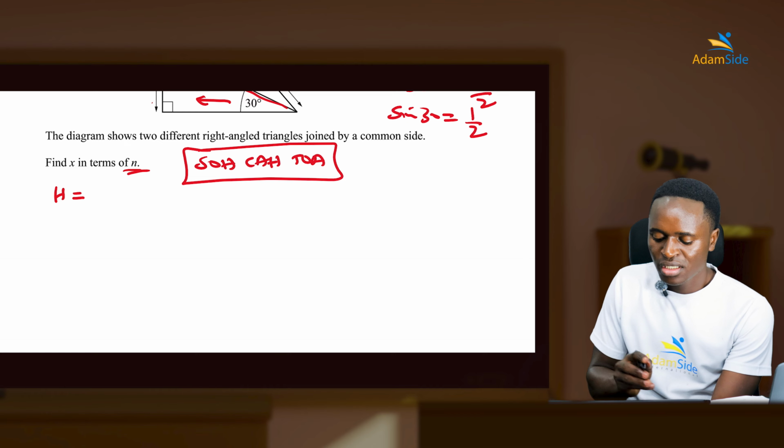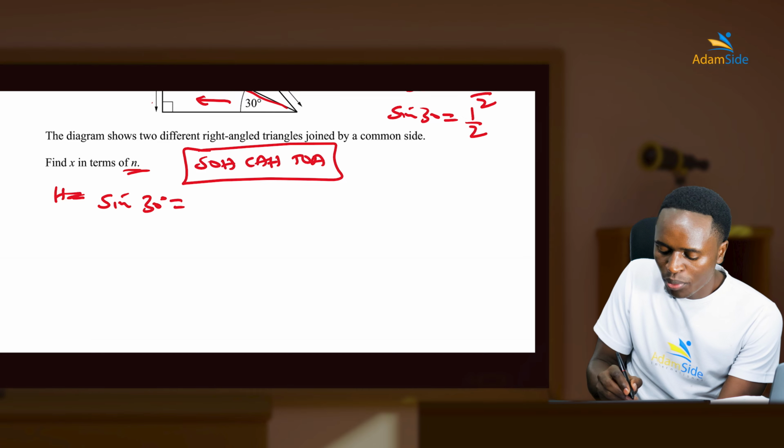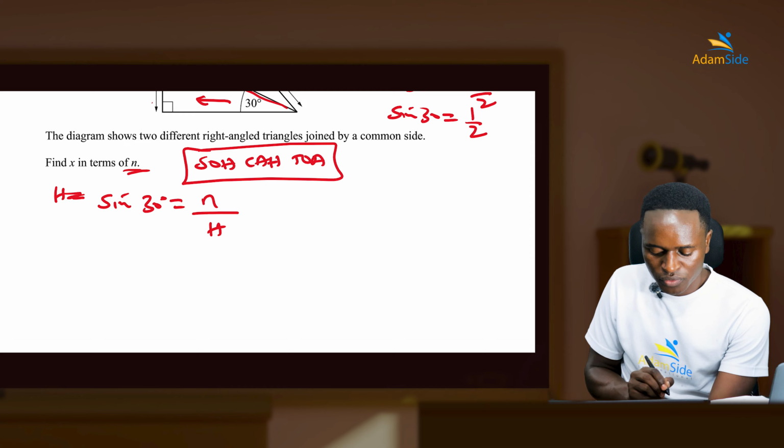So opposite and hypotenuse, we're going to use sine. So sine 30 degrees is equal to opposite, which is n, over h.